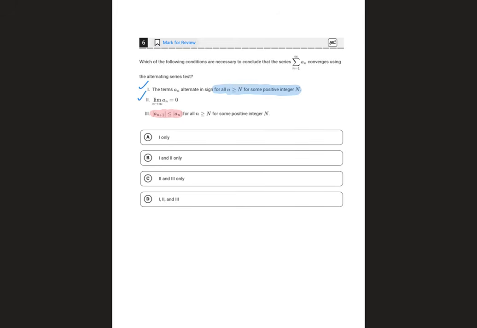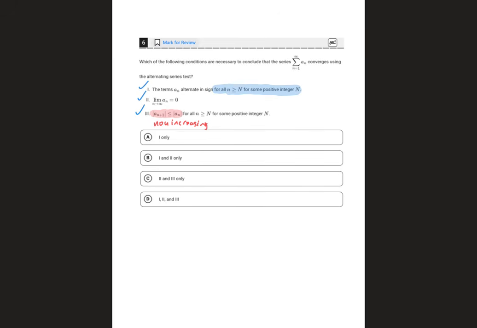So every term is smaller than the previous term. That is really just saying that the terms decrease, or really non-increasing, because it could be equal. So let me be more formal. This is non-increasing. And that has to be true. That's what the test says.